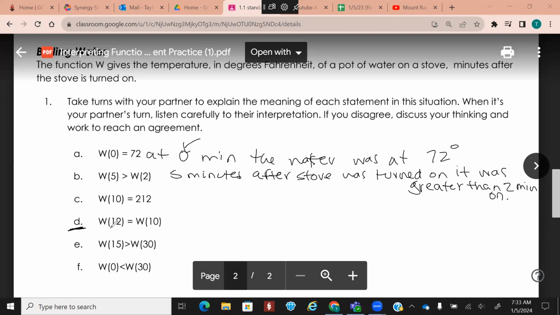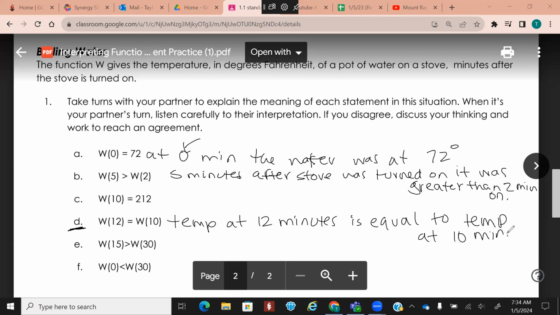Let's go to D. What does this one mean? W of 12 equals W of 10. Good. Let's think about that.